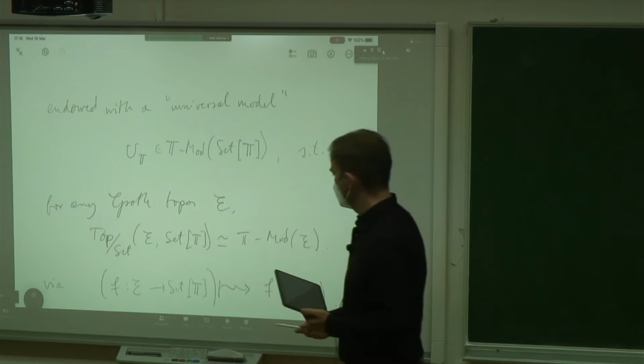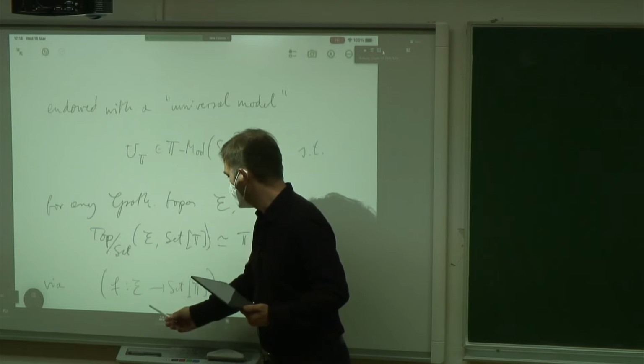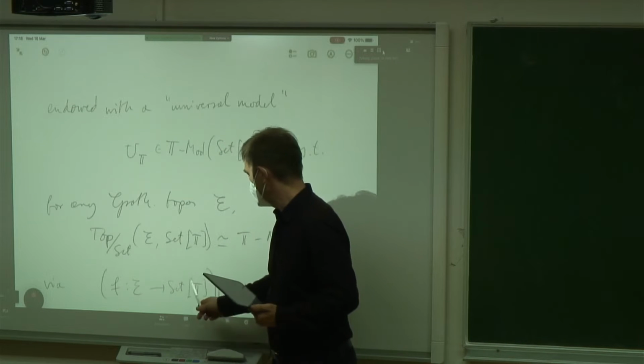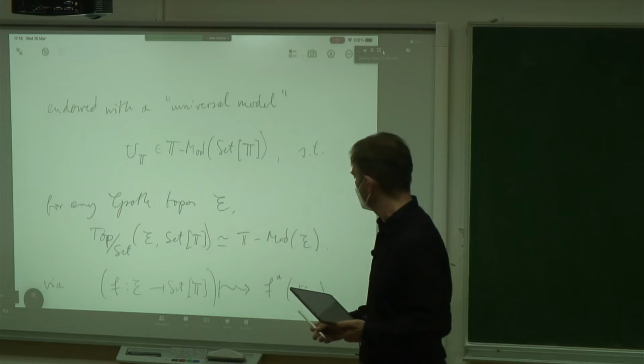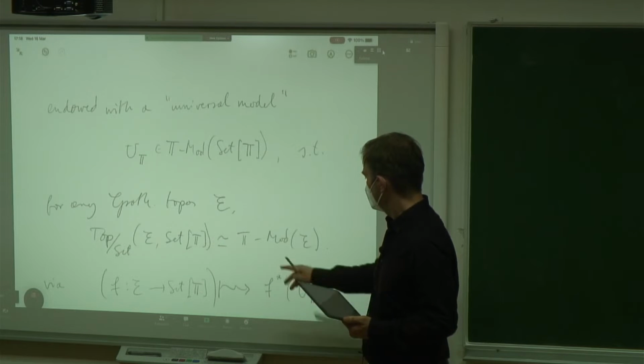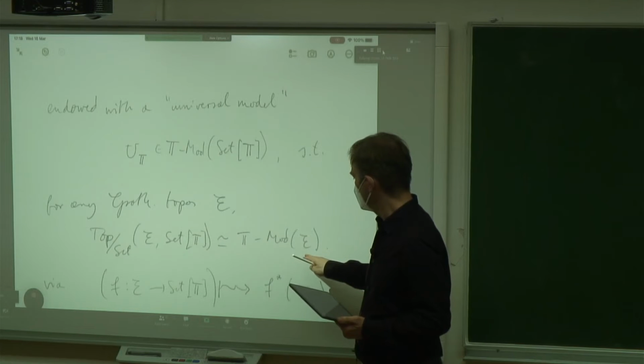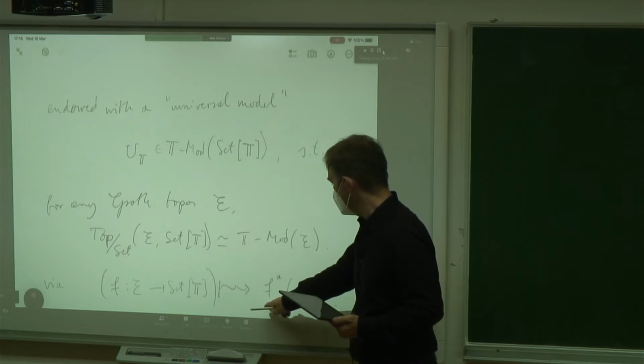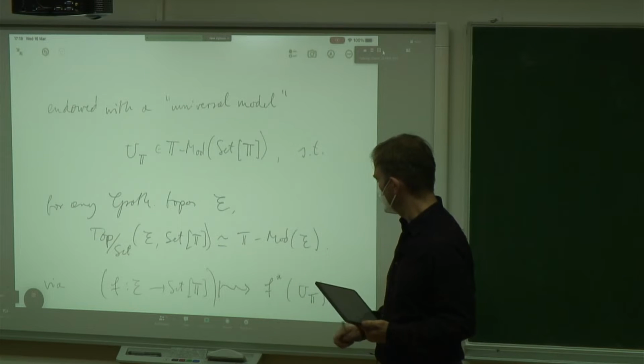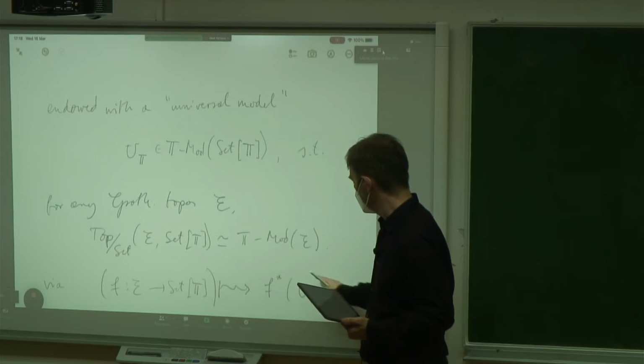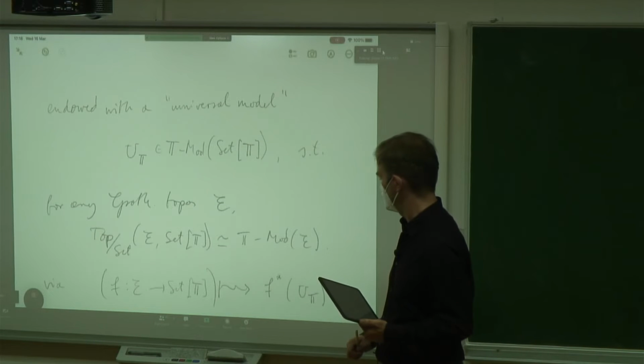If you take a geometric morphism from E to the classifying topos, you obtain a T model in E by taking the inverse image of the universal model.